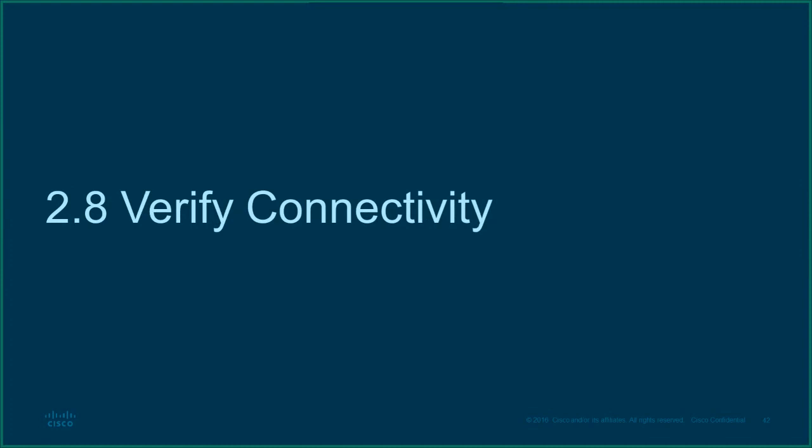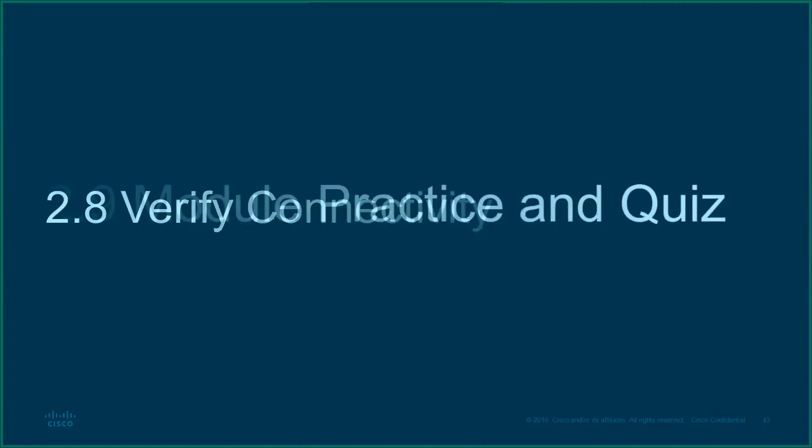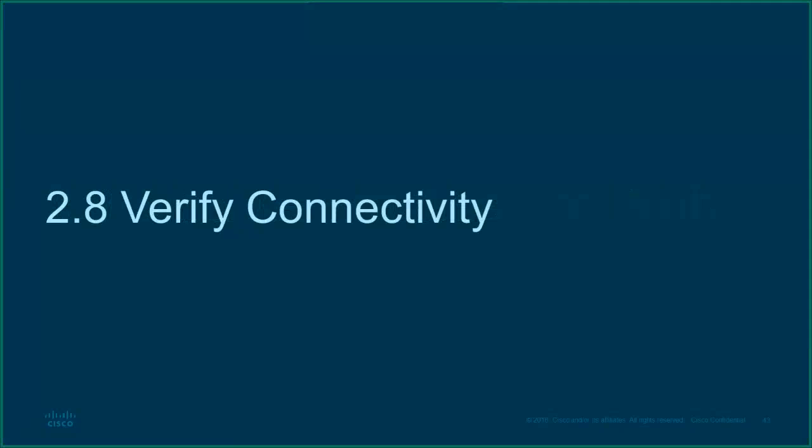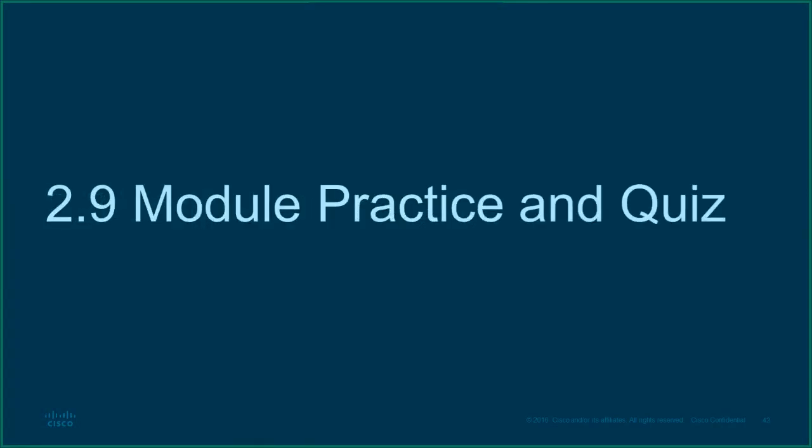So watch this video. As per their discussion in the week, the ping command is how we verify connectivity, and you'll find an activity to do in Packet Tracer with that as well.